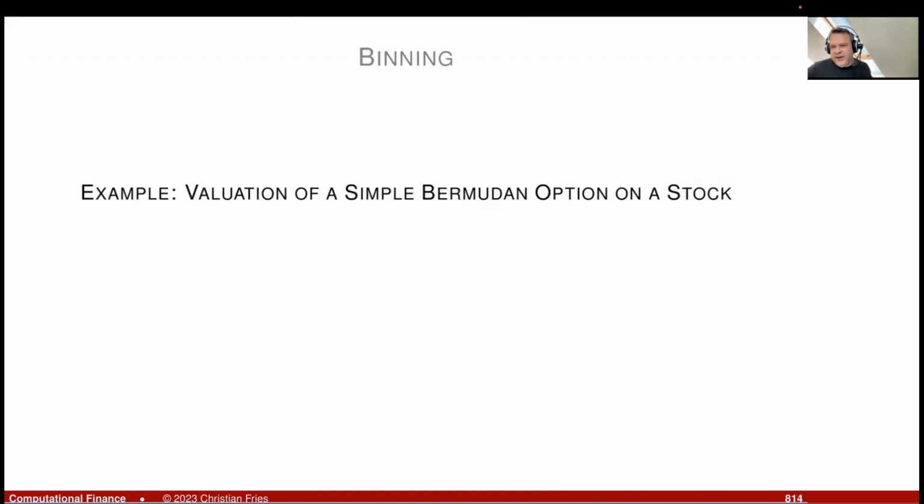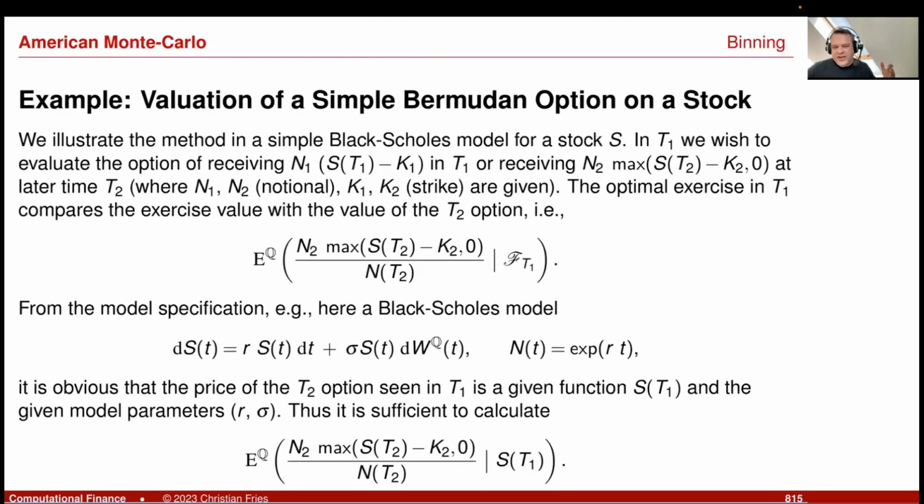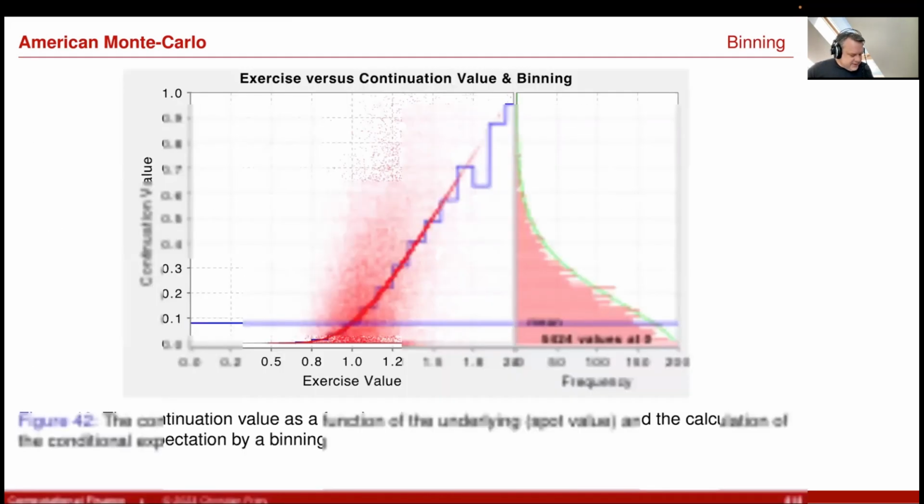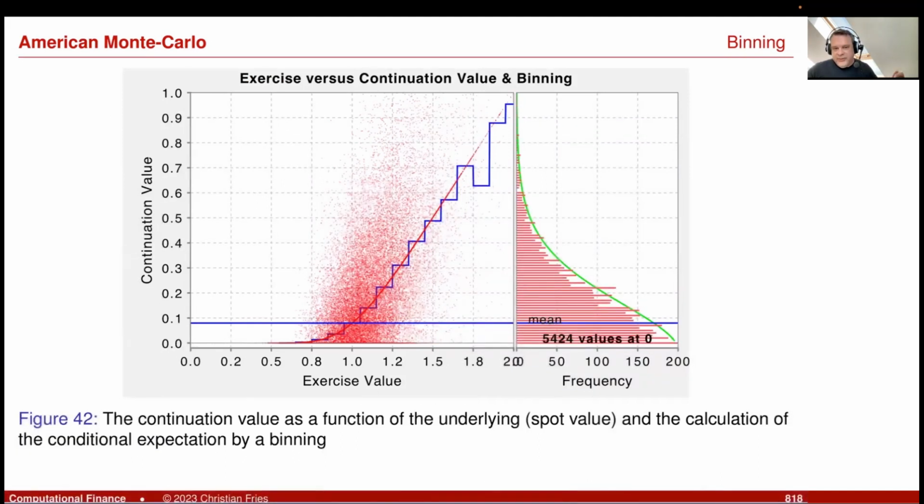So in the script, you now find the formulation for our example with the Bermudan option having two exercises, formulated with this binning. I describe the continuation value as a function of the underlying. This is what we have done in our program, and also in the picture. If you do this, you get this scatter plot here. This is actually also what we programmed.